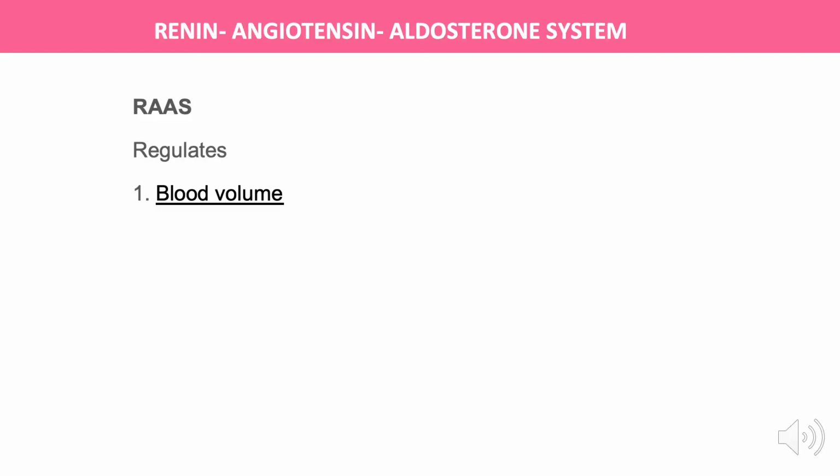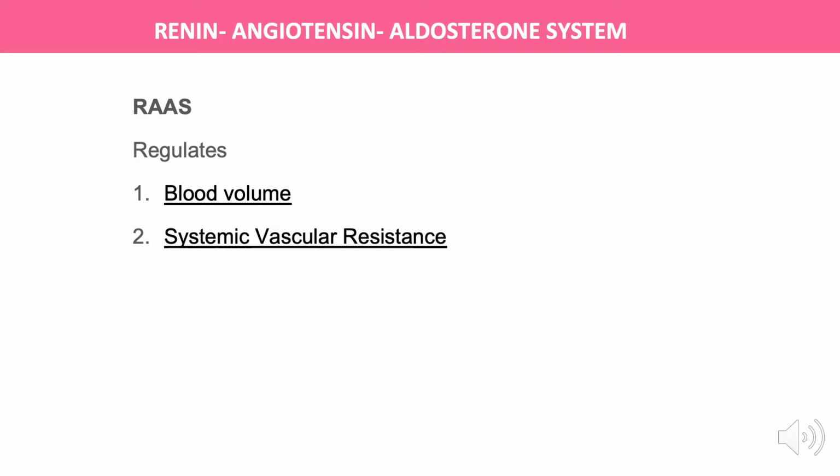Now, the concept of the renin-angiotensin-aldosterone system can be very hard for students to learn. So I've just pulled out a few key points just to keep things basic. The RAAS system regulates blood volume, and it regulates systemic vascular resistance.